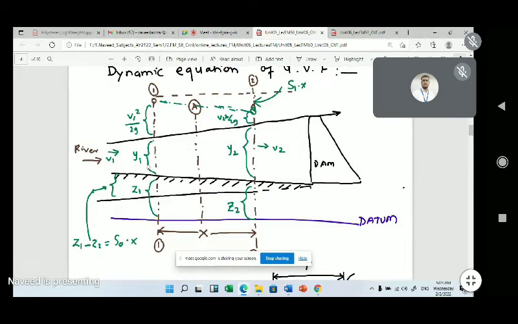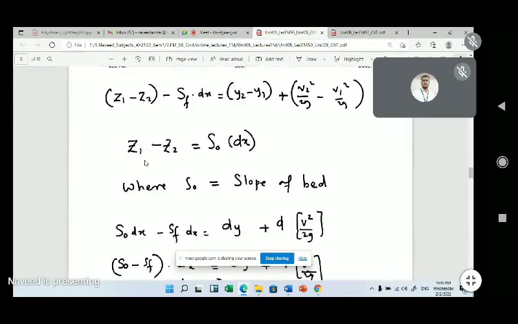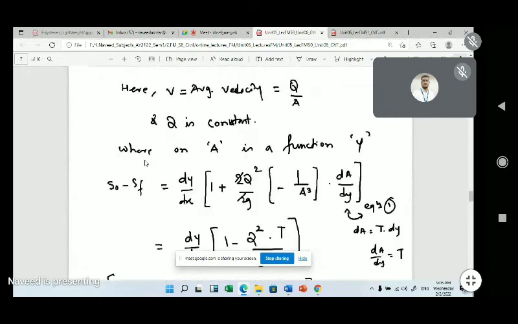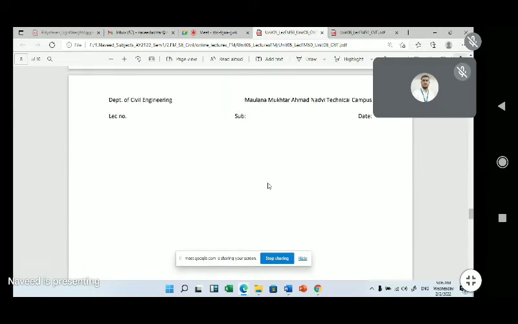The river approaching the obstruction, here the dam, okay, and based on the two sections we have taken, we have derived our gradually varied flow dynamic equation, that is dy/dx = (S0 - Sf) / (1 - Q²T/gA³), where you know that S0 is the bed slope, Sf is the energy line slope, Q is the discharge which is constant, T is the top width of the channel, g is the acceleration due to gravity, and A is the cross section area for the non-prismatic channel in this case.